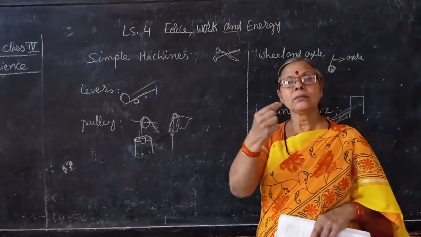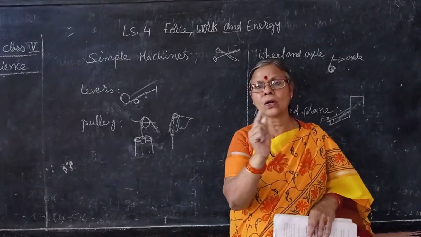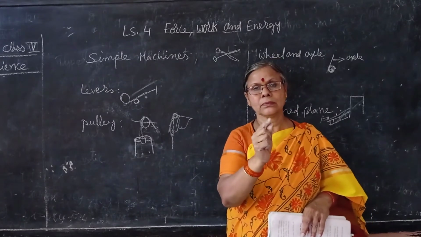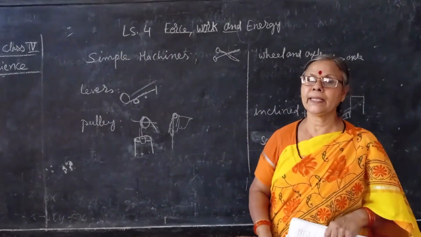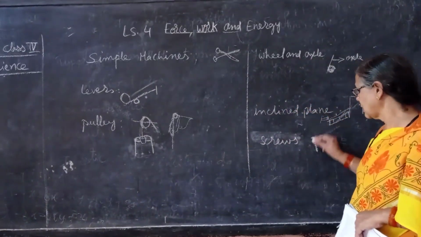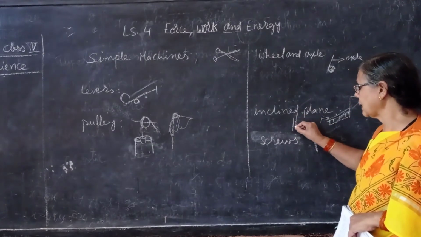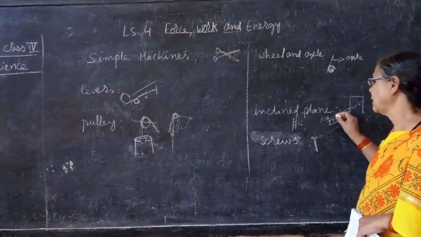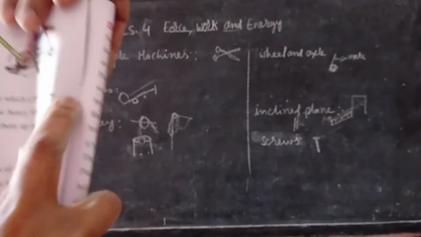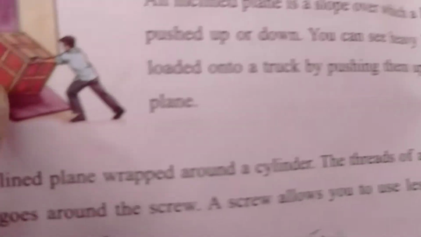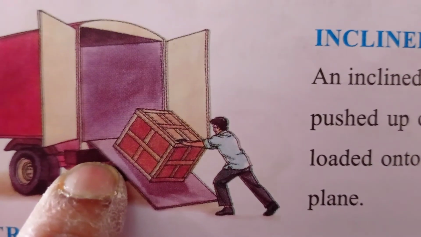And you can take one nail also, and see the threads are round, like a ramp. So that is also an inclined plane. This is the screw. These are the threads. These are called the inclined plane. And mostly people use it to load heavy vehicles inside the truck.